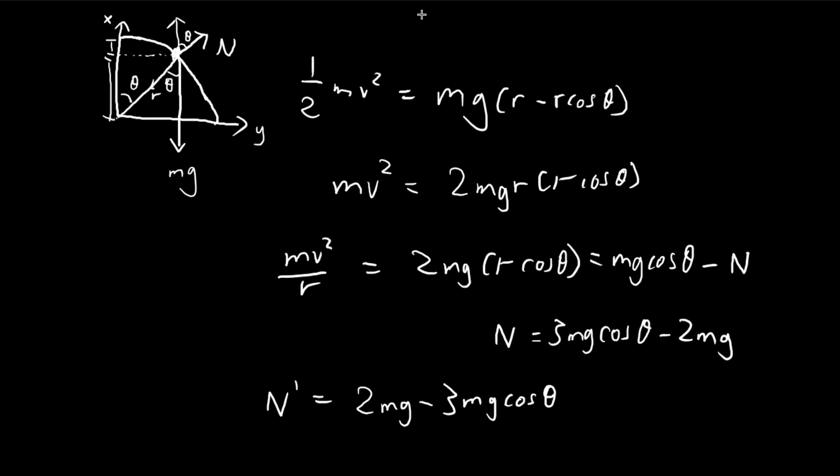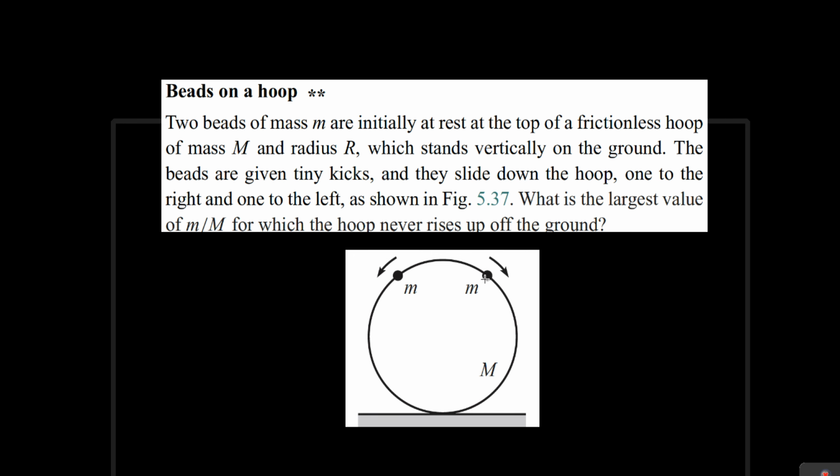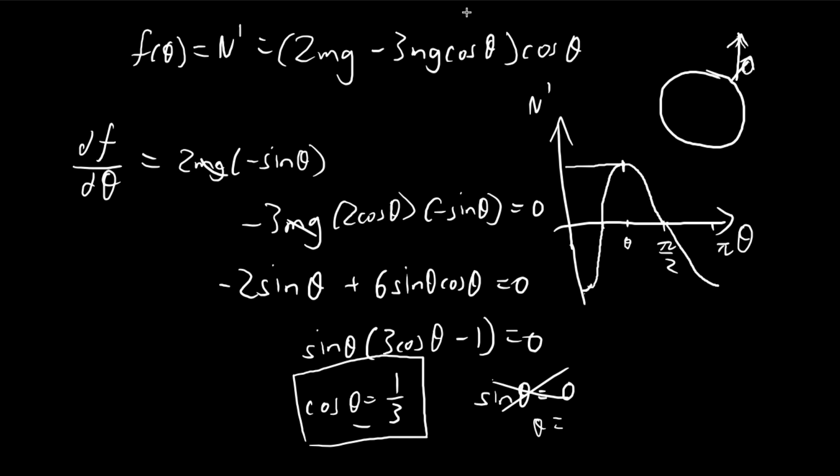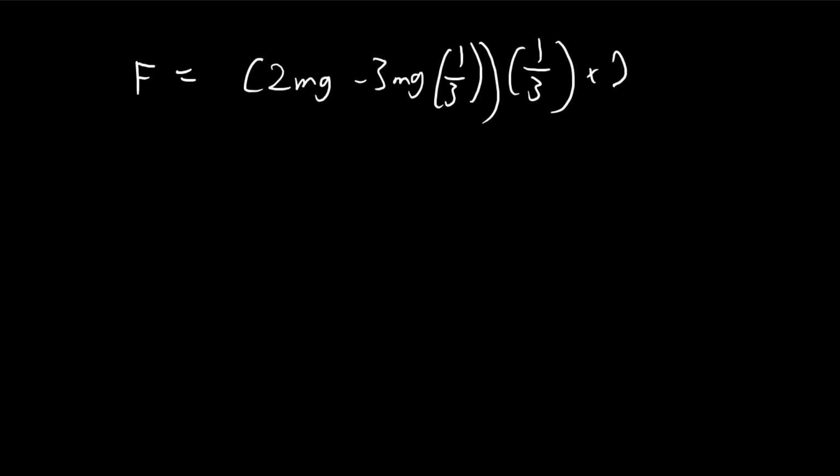And then don't forget, in the original problem, there are 2 beads that are rolling down. So for all our calculations here, we need to multiply this by 2. So the same force is going to be exerted from both of the particles from either side. So we get 2mg minus mg. So this is the maximum upward force that's going to be acting on the hoop.